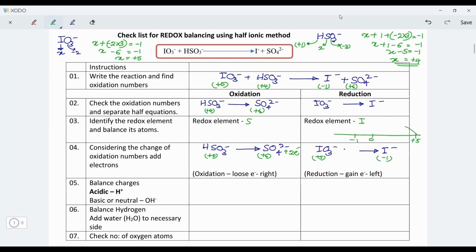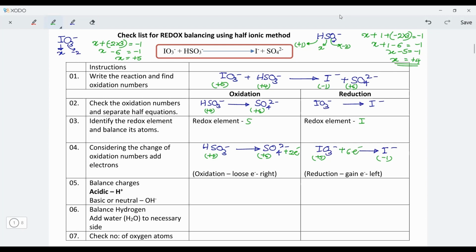Now the total change will be 6 electrons. Okay? Don't get confused with the positive and negative numbers here. You have to consider that properly. Then what is the change of electrons? As I said, 6 electrons. Now it is gaining electrons, no? So then you have to add those electrons to the left side.